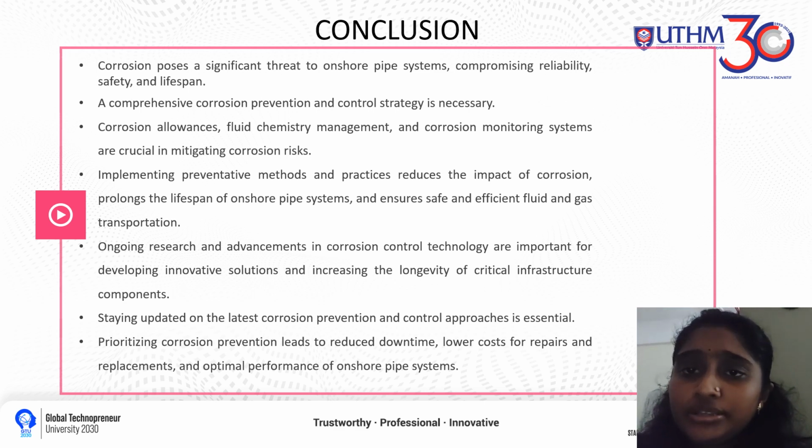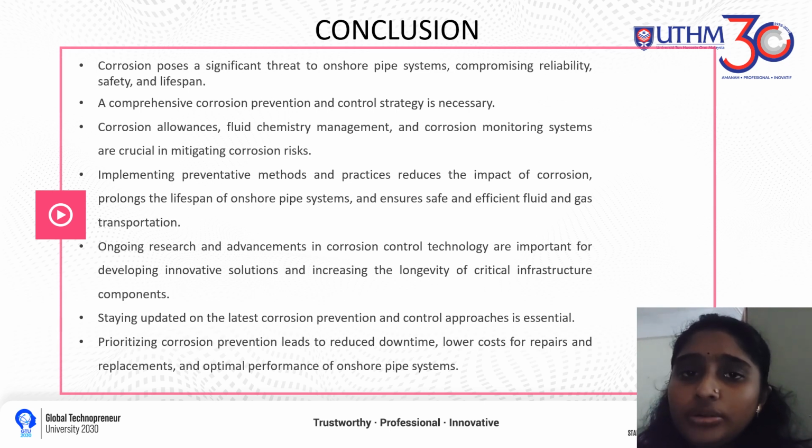Implementing preventative methods and practices reduces the impact of corrosion, prolongs the lifespan of onshore pipe systems, and ensures safe and efficient fluid and gas transportation. Ongoing research and advancements in corrosion control technology are important for developing innovative solutions and increasing the longevity of critical infrastructure components.